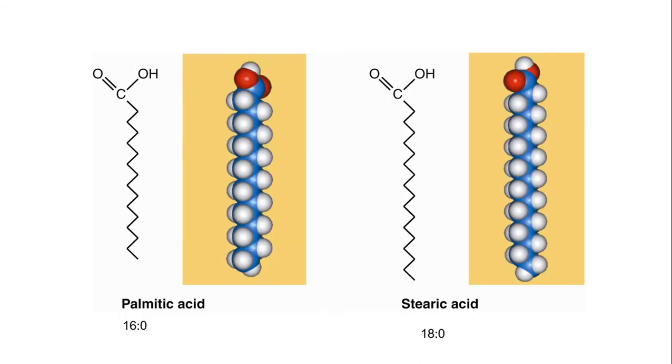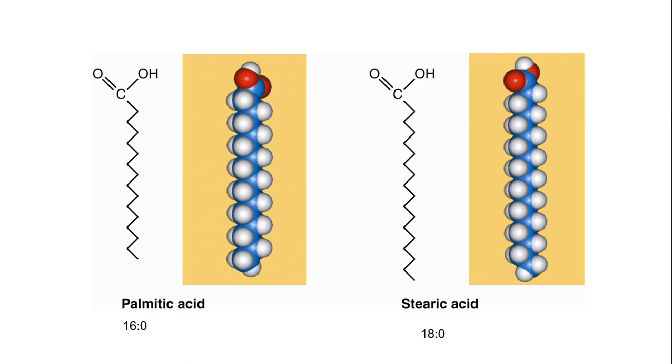So here are two of our saturated fatty acids. The line angle formula is given here, and this is the way I want you to draw these structures. This is a space-filling model, but you see that these are linear, very straight, even though we've got these little crooks in the line angle formula.